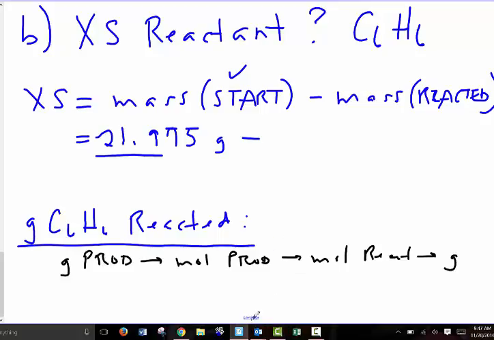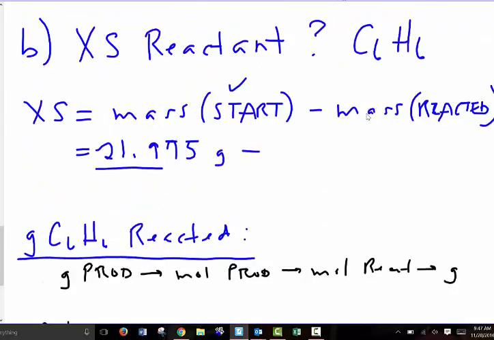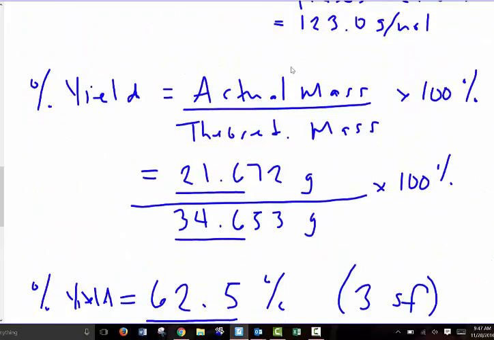So grams of benzene is what we're looking for. The actual grams of benzene that were reacted. So you have to start with your mass of product, your actual mass of product. You can get this right from here if you want, or you can go back up to your calculations earlier. And you're looking for your actual mass of product, which was the first thing we calculated.